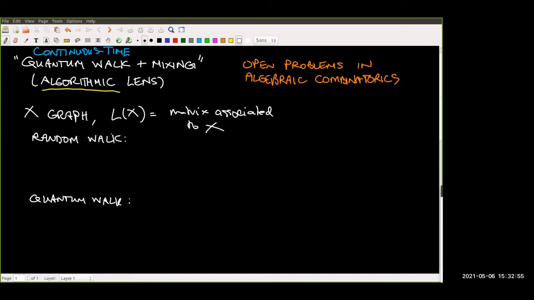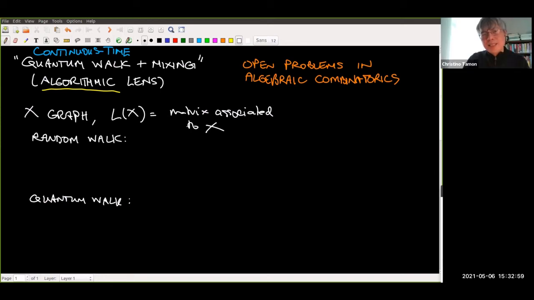Okay, so we have a graph X, and let's say we pick a matrix associated with X. I'll pick the Laplacian, but this could be any other Hermitian matrix, adjacency matrix, or any other matrix associated to the graph. I would like to contrast these two models, random walk and quantum walk.